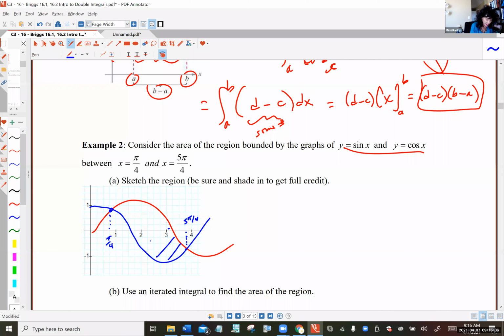So if I shade in the region, and when I give you quizzes and exams, I will ask you to sketch and shade your region on your handwritten paper, and that'll be part of the points. So you have to know how to do this. So there's the region of integration, essentially. And it's the region R that we're trying to integrate over and find the area of.